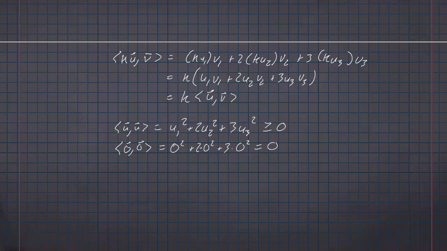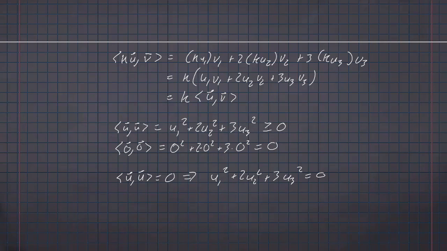But you also have to show that if the inner product of u with u is equal to 0, that's the same thing as u1 squared plus 2u2 squared plus 3u3 squared is equal to 0. That there are no non-zero ways of going about it. And that's always a little bit challenging to prove.